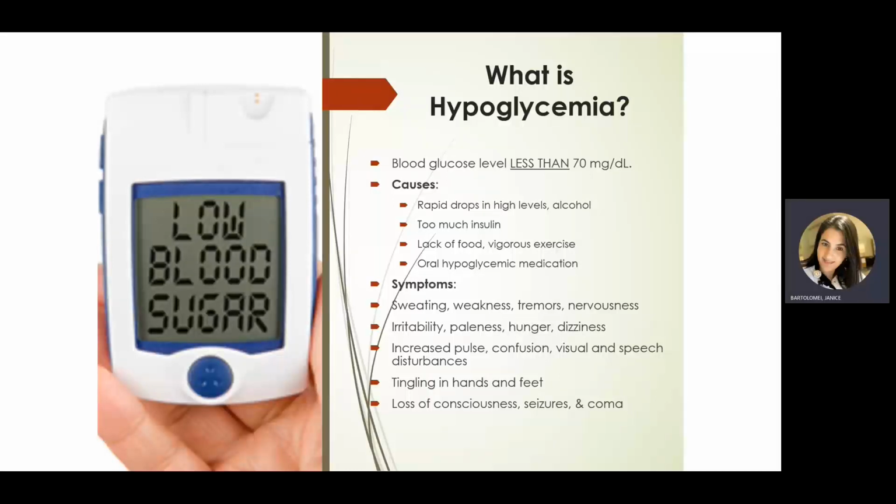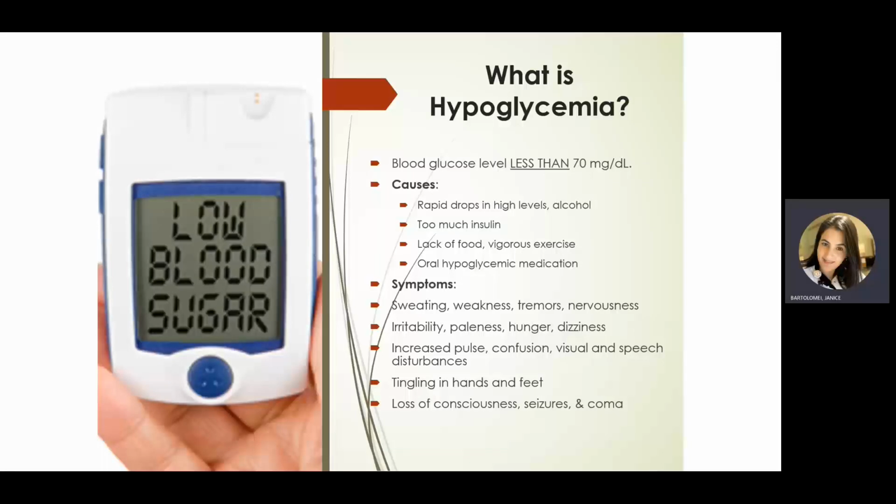Some of the causes that can lead to hypoglycemia are alcohol, too much insulin, maybe not eating enough, or a sudden change of hypoglycemic agents. Just to mention a few.